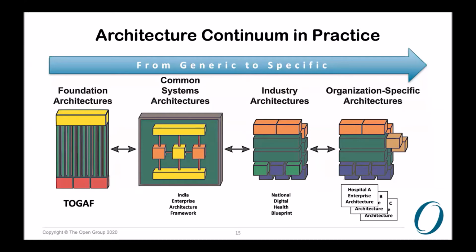So you can see we have moved all the way from a very generic foundation architecture called TOGAF to a very organization specific architecture, which may be specific to a hospital or a pharmacy or a state or even a district or whatever it is. So this is the whole idea of architecture continuum. But each specific view of the architecture is aligned to the prior generic view, which is the takeaway from this slide.